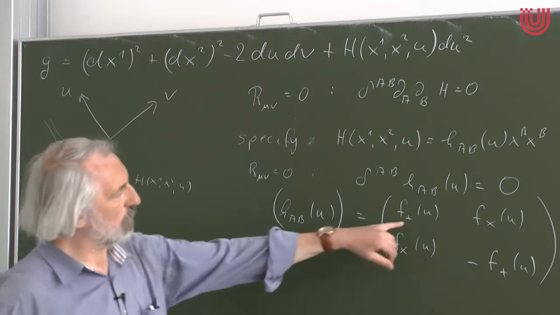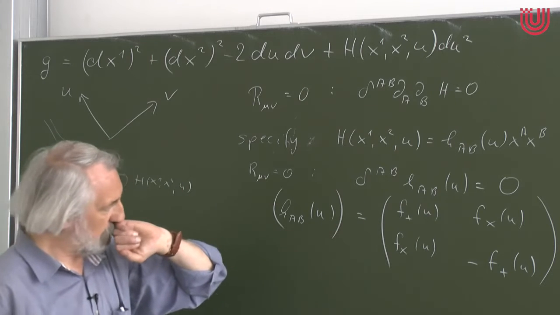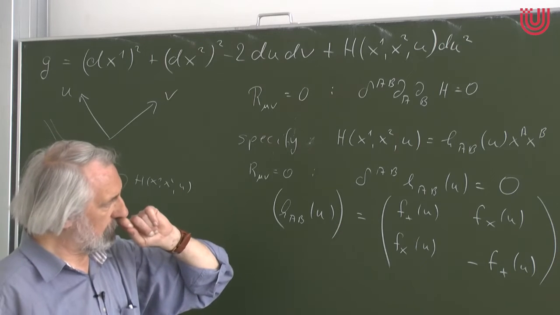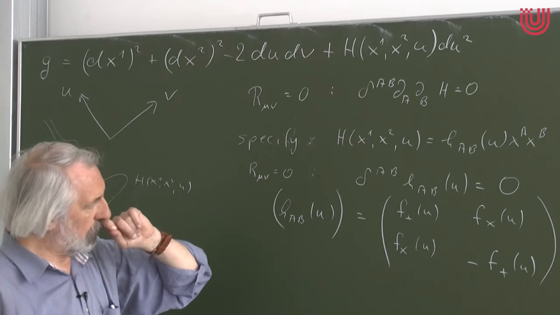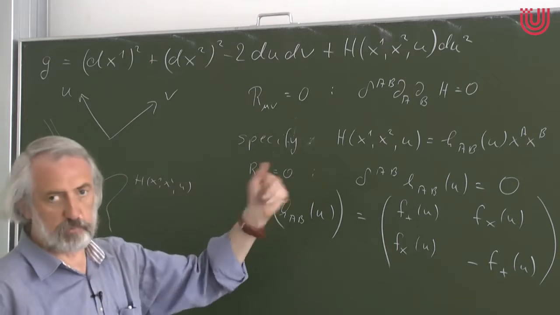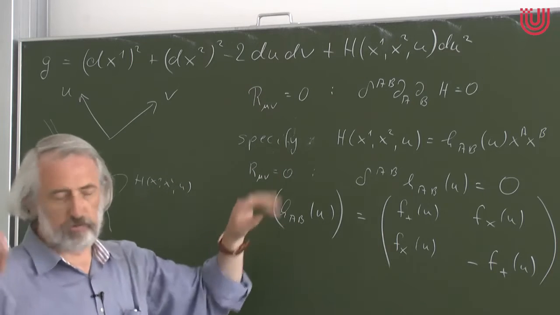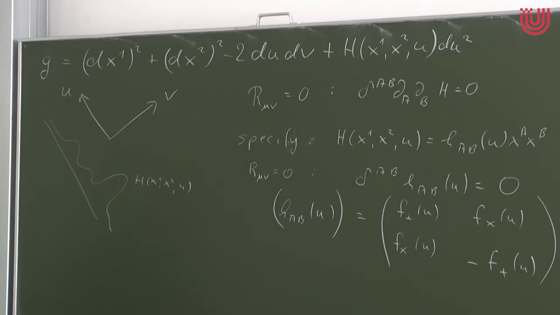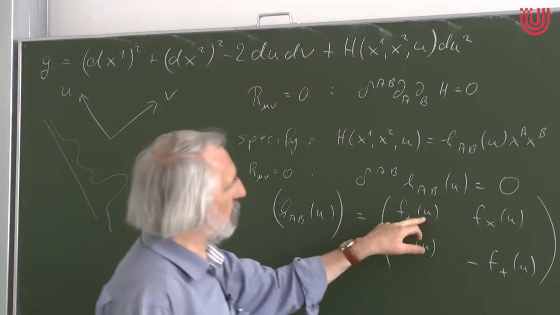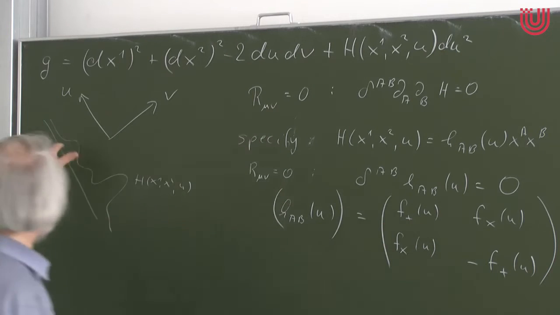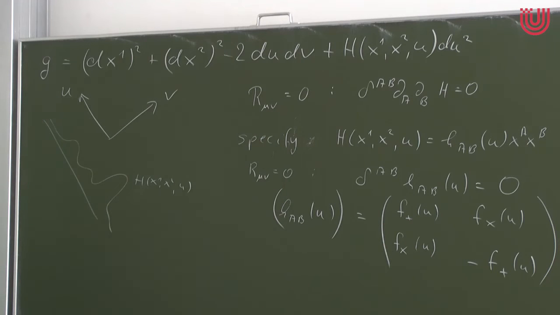It's not harmonic in u. In the linearized theory, we assumed a harmonic dependence on the time. u now plays the role of a generalized time coordinate. So here it may be any dependence on u. The profile may be anything, not necessarily sinusoidal, but apart from this, it looks very similar to what we had in the linearized theory.